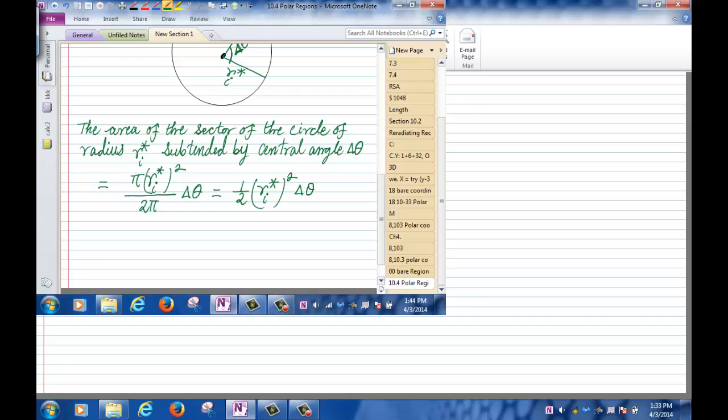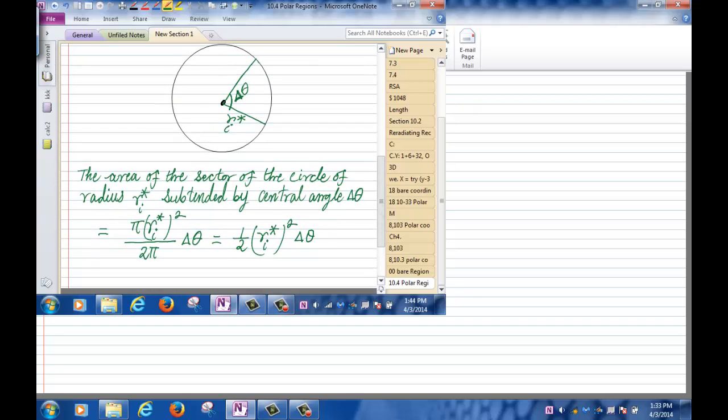So that's the area of a sector of the circle of radius r_i star subtended by an angle delta theta. If the central angle is delta theta, then the area of the sector is given by half of the radius squared times delta theta.